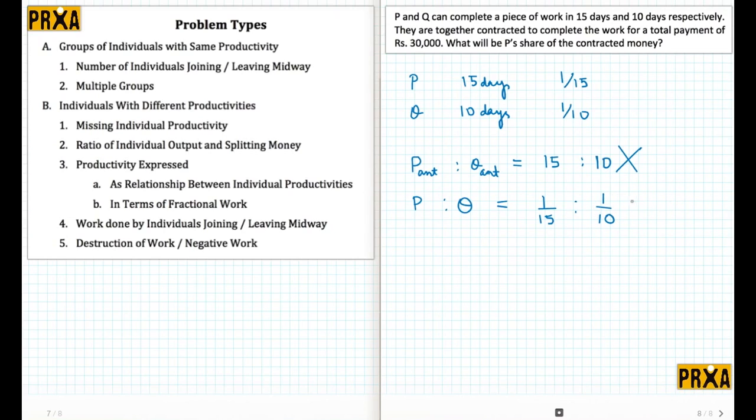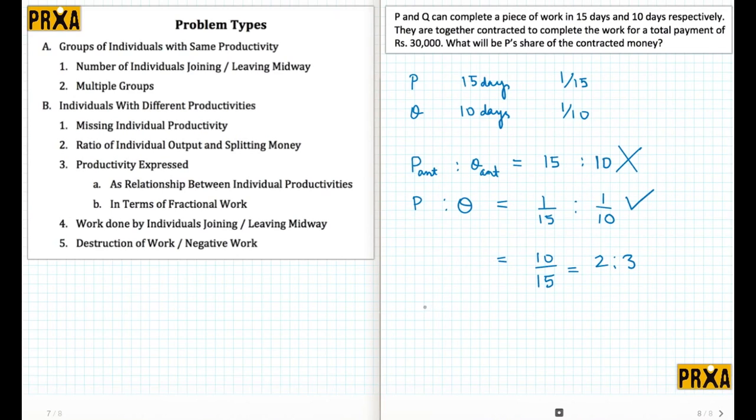So actually speaking, this is the right ratio to use to do all the arithmetic on P and Q. So what is this ratio? This ratio is actually 10/15, or 2:3, and not 3:2 as the earlier ratio would tell you.